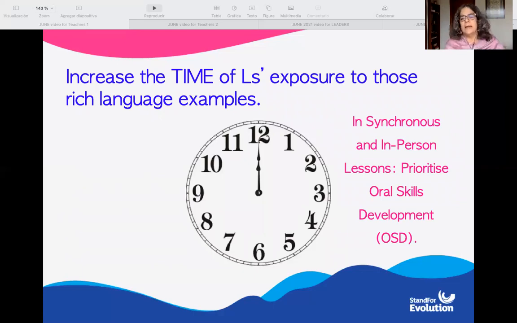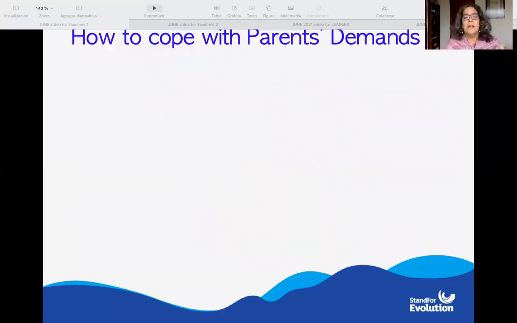Leave it for that, because when you are with the children, you need to be exchanging ideas, thinking, working together, and using the language. How to cope with the parents' demands? This is very important. Please listen to the parents and try to answer their questions, not the questions you think they have. Sometimes the questions are much simpler than what you have thought.